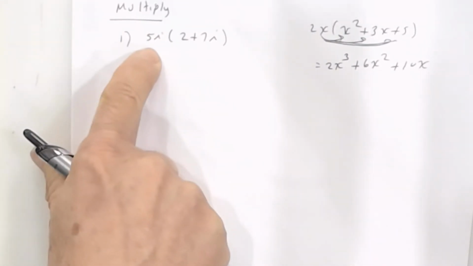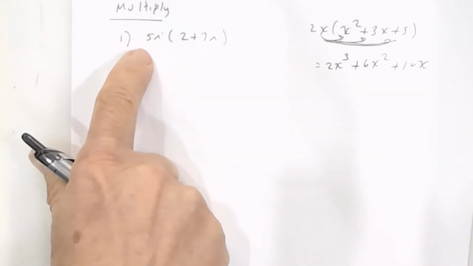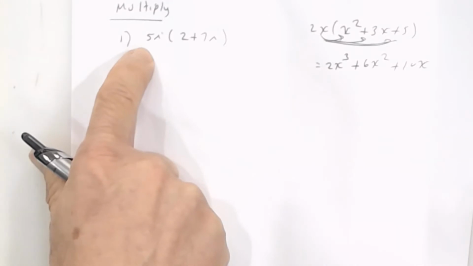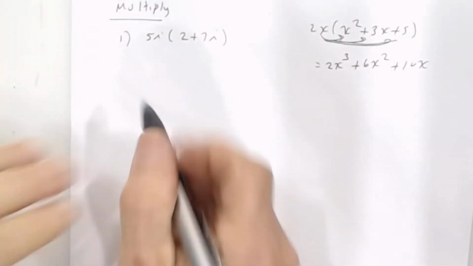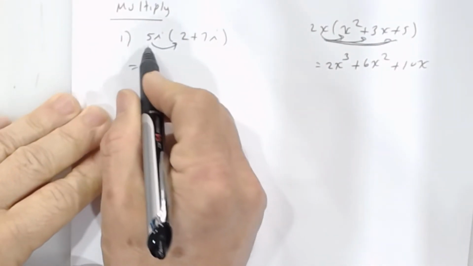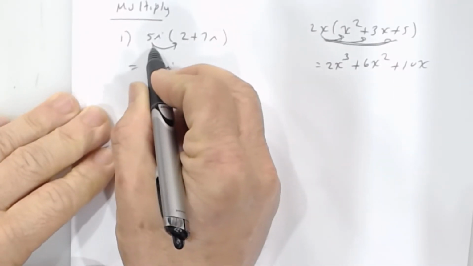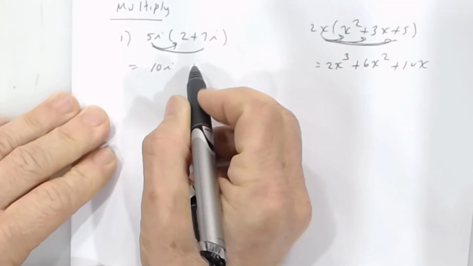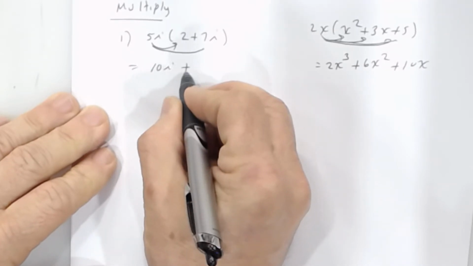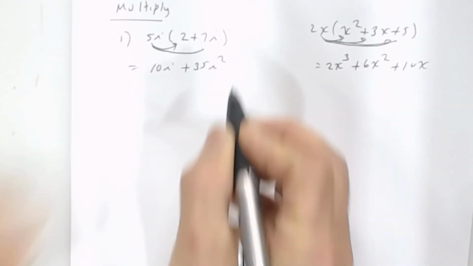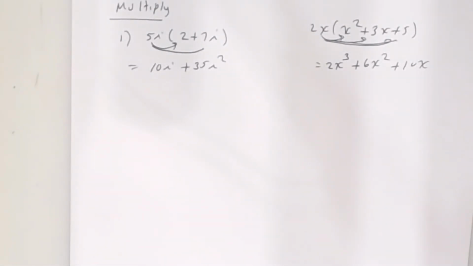What do I do here? What property do I use? Distributive property. What's 5i times 2? 10i. What's 5i times 7i? 35i squared. And that's where I'm at, because remember, i times i is i squared. But you're not done, because you know what i squared equals?